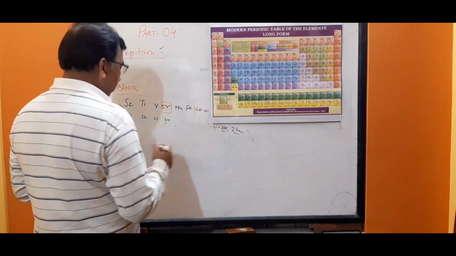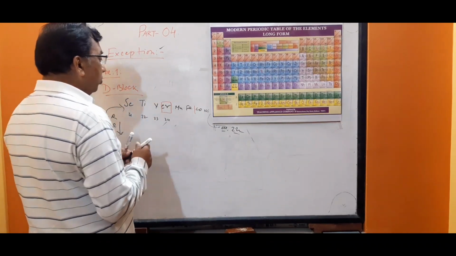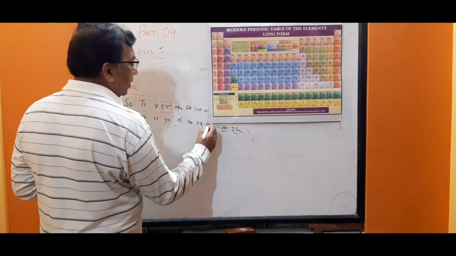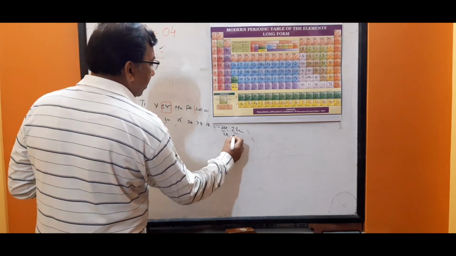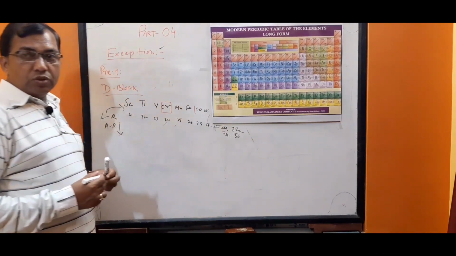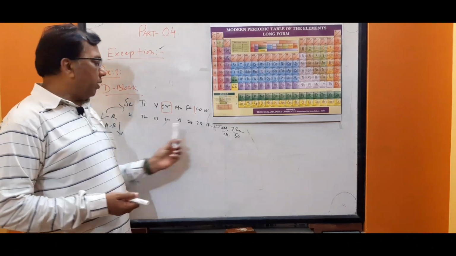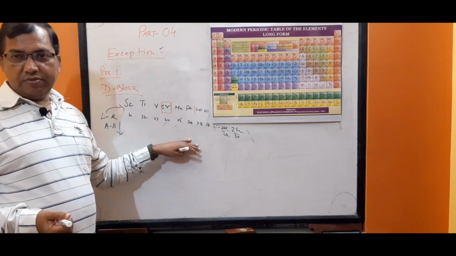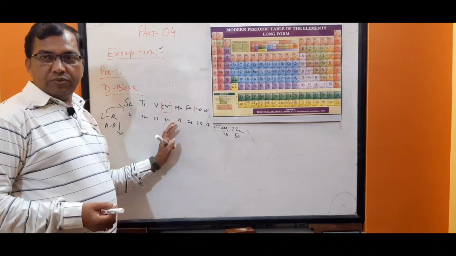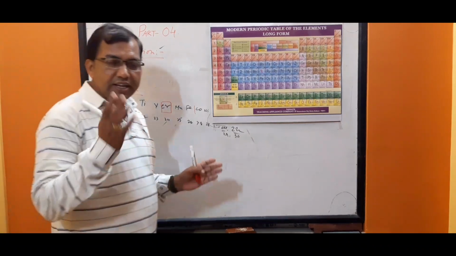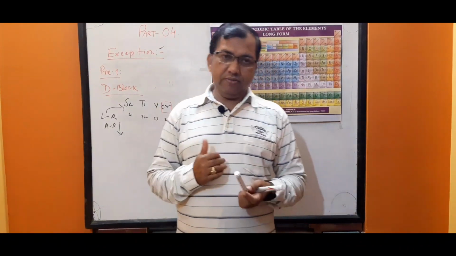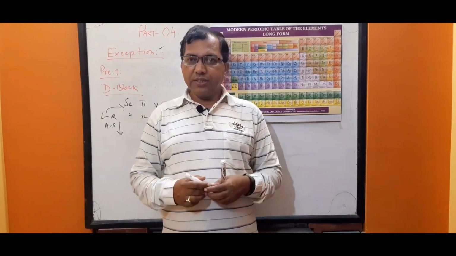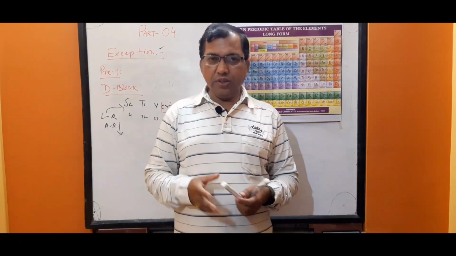Cobalt, okay, 24, 25, 26, 27, 28, then 29, 30. So as the atomic number increases, the atomic radius will decrease. But in this case there are series, chromium also, and copper. You know the electronic configurations, half filled and full filled orbitals, you have to know.